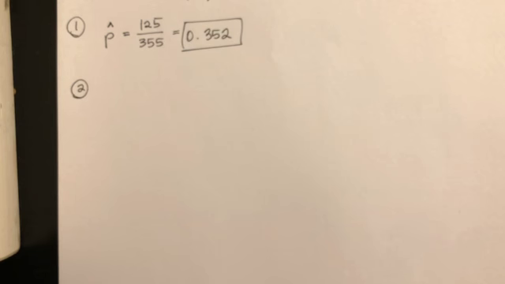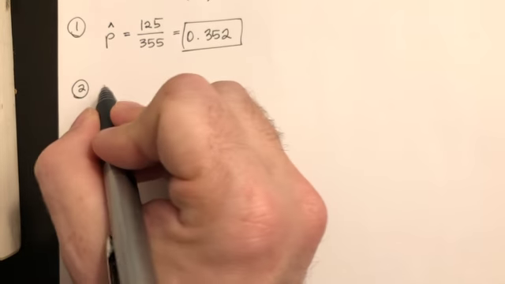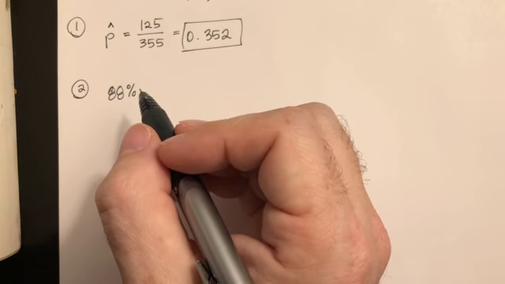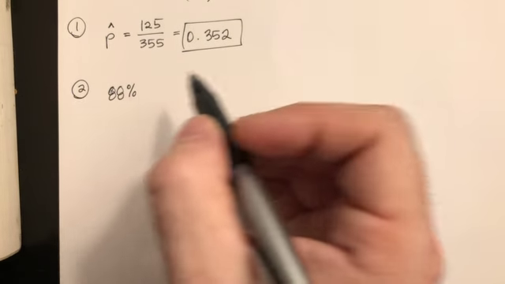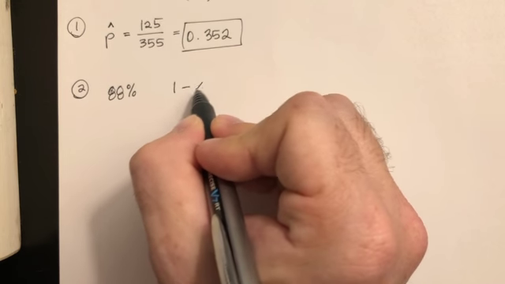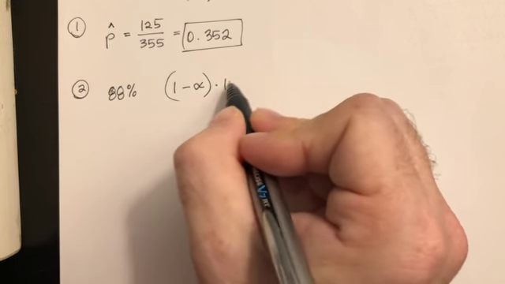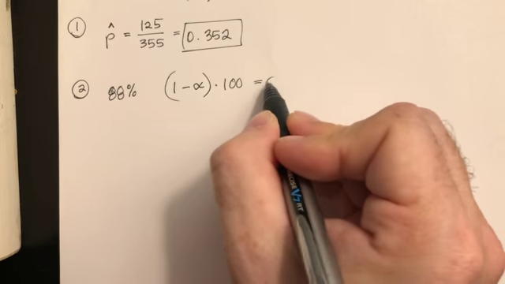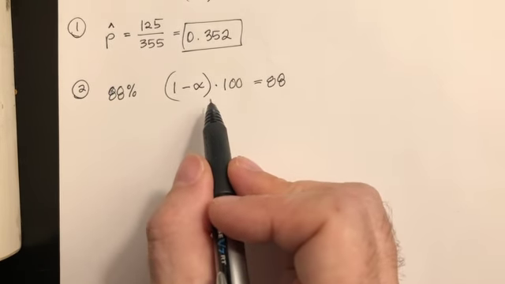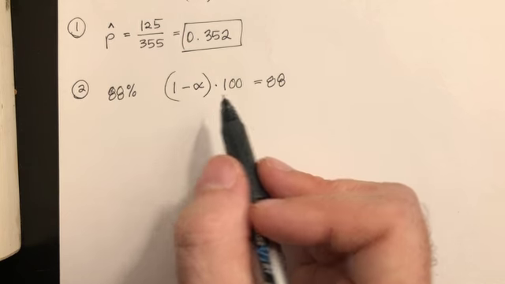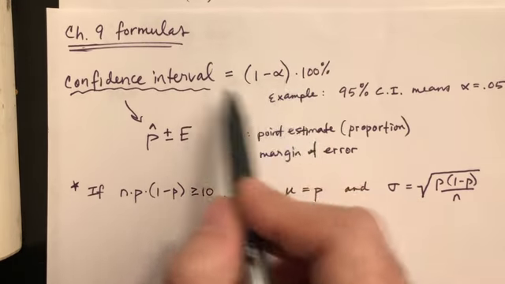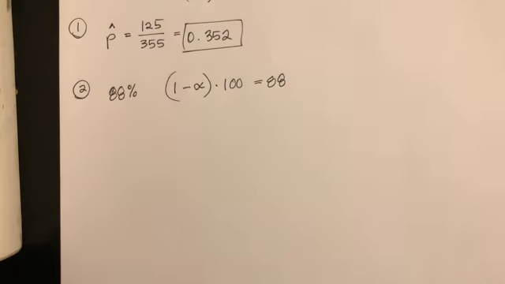All right, number 2 asks, if you know that 88% is the level of confidence, then what this is saying is that 1 minus alpha times 100 is going to give you 88. This is what I mean by the 1 minus alpha times 100% confidence interval in the formulas. See, 1 minus alpha times 100%, that's what 95% ends up being.